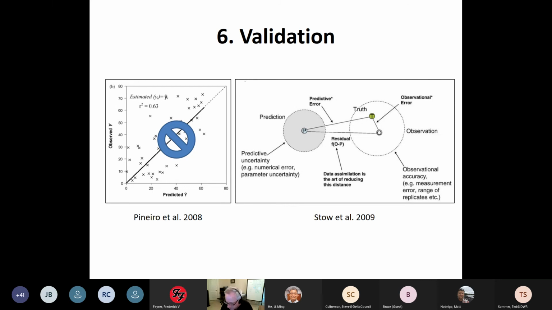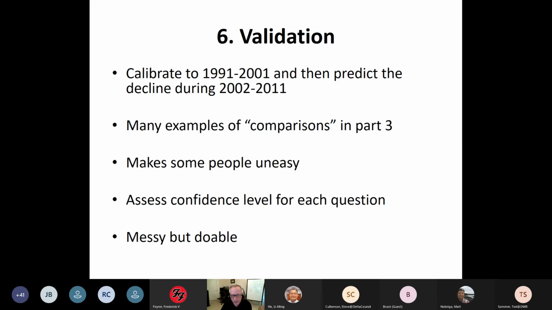Of course, you still measure the skill of the model by how well it replays the data, but there's a tendency to get way down in the weeds of why it didn't agree on Tuesday, March 12th, 2001 in this box. That's not the validation of this kind of model. How are we going to do it?